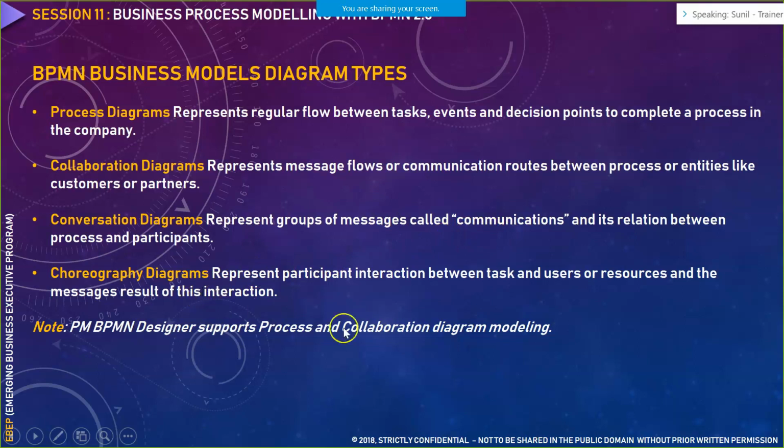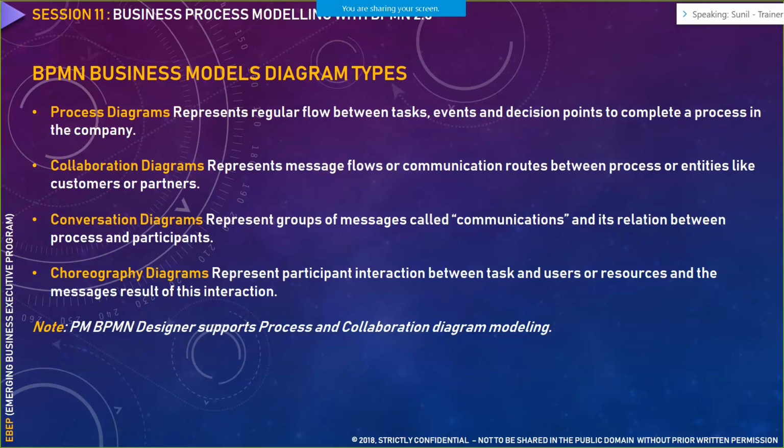Then we have the choreography diagram that represents the interaction between task and user or resources and the message results of the interaction. So here we emphasize more on the interaction between the task and the user or resources. Users could be a potential user, like a particular person interacting with a particular system.